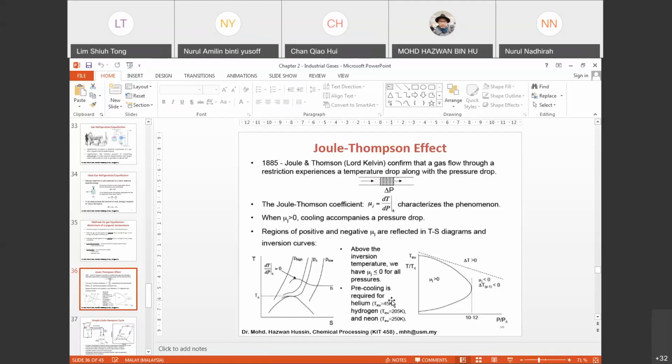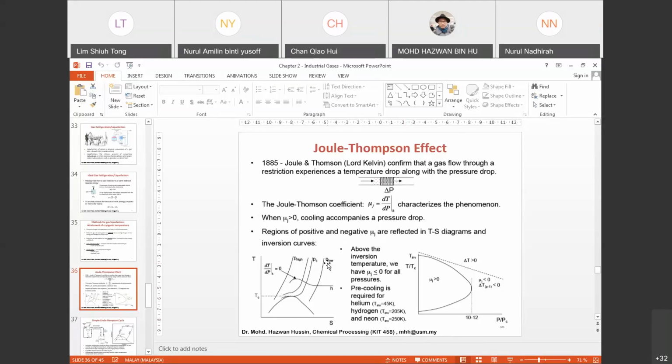Pre-cooling is required for helium, which has a critical temperature around 45 Kelvin, hydrogen at 205 Kelvin, and neon at around 250. So this tells you that pre-cooling is required for the gas to achieve critical temperature.